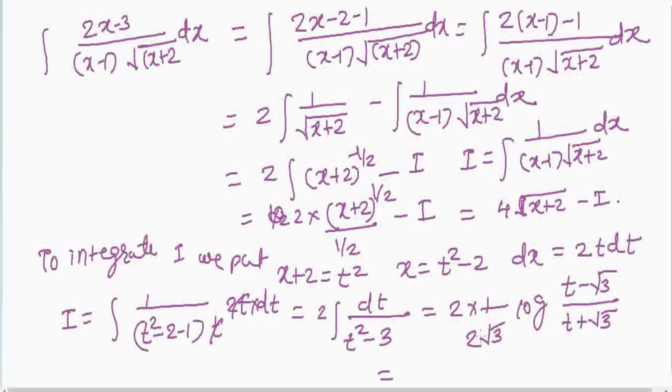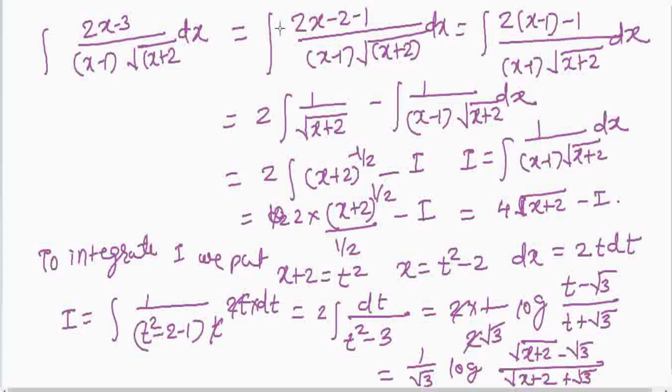This 2 will be cancelled, and we have 1 divided by under root of 3 into log of, what is t? t is under root of x plus 2, and minus under root of 3 divided by under root of x plus 2 plus under root of 3. This is the integration of I.